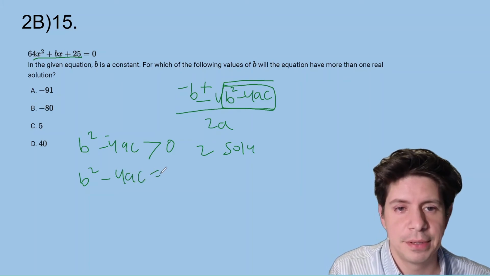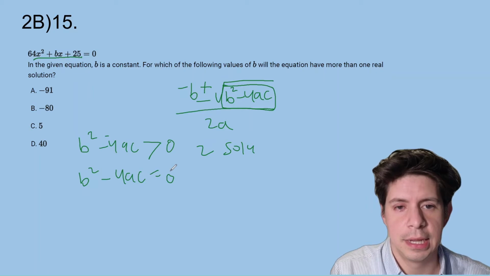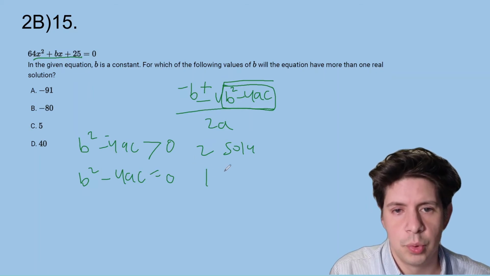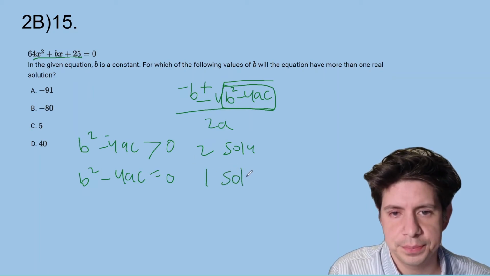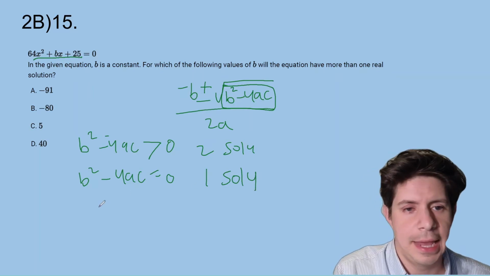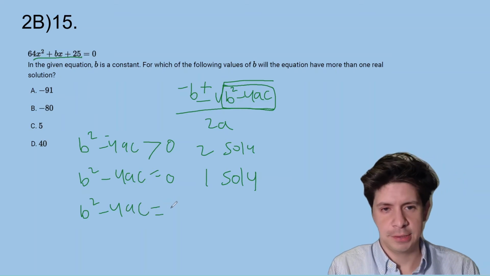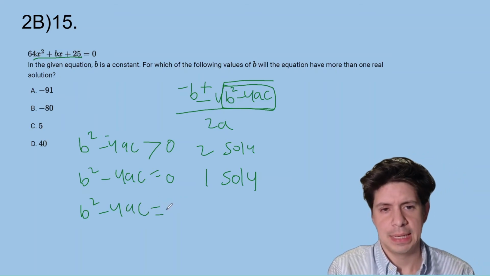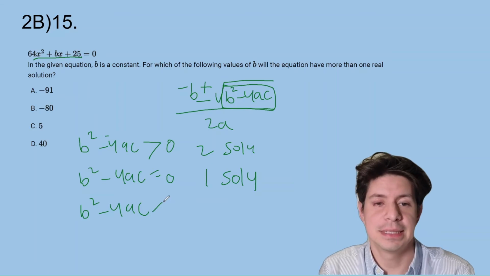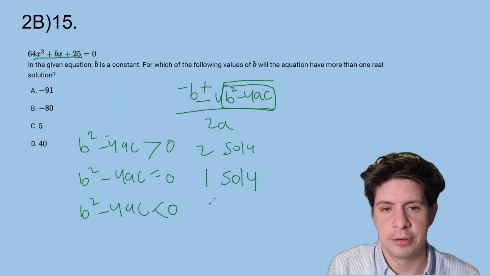So if that happens, we're going to have one solution. And if b squared minus 4ac is not equal, but is less than 0, 0 real solutions, right?